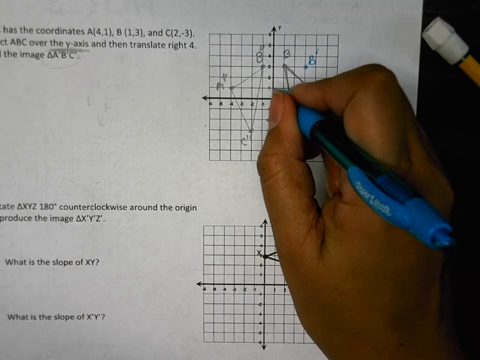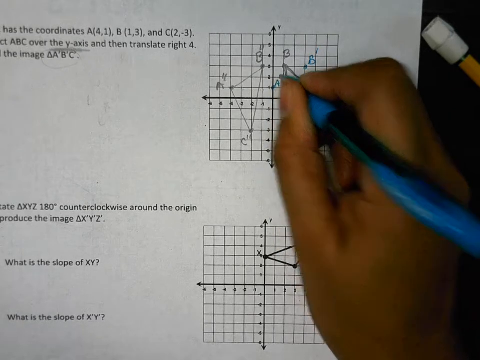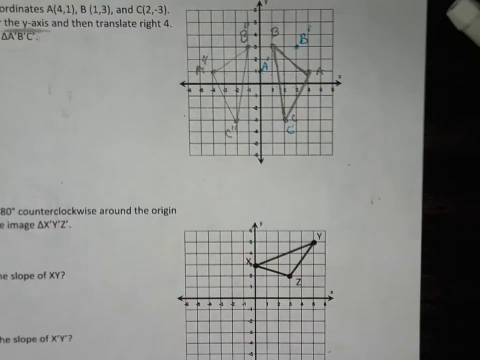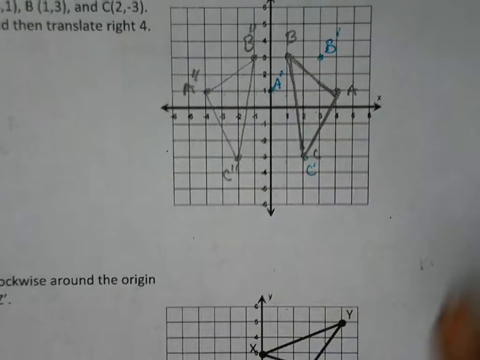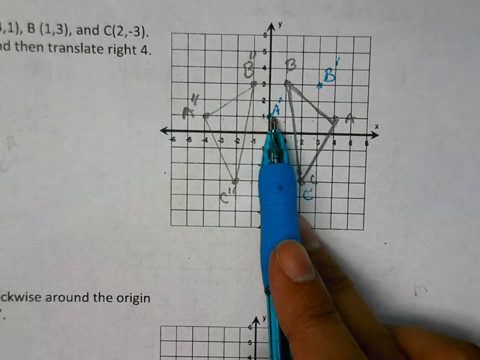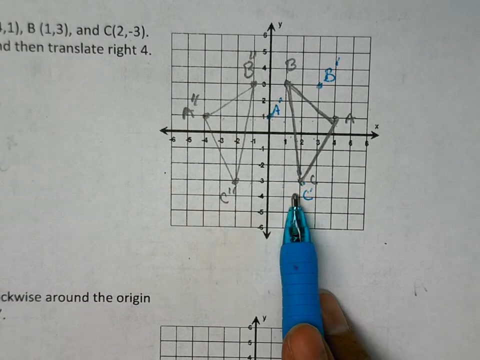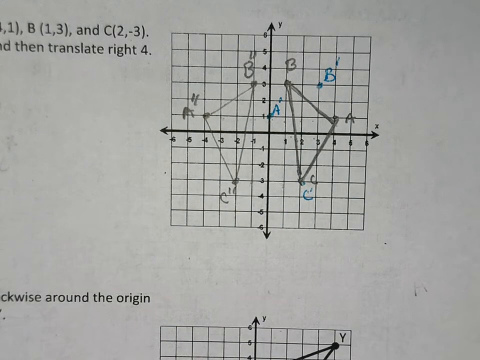This one is A prime. Okay, so do you see my A went over, that's A prime, my B went over, that's B prime, and then my C went over, that's C prime. I know it's really messy, but then connect.